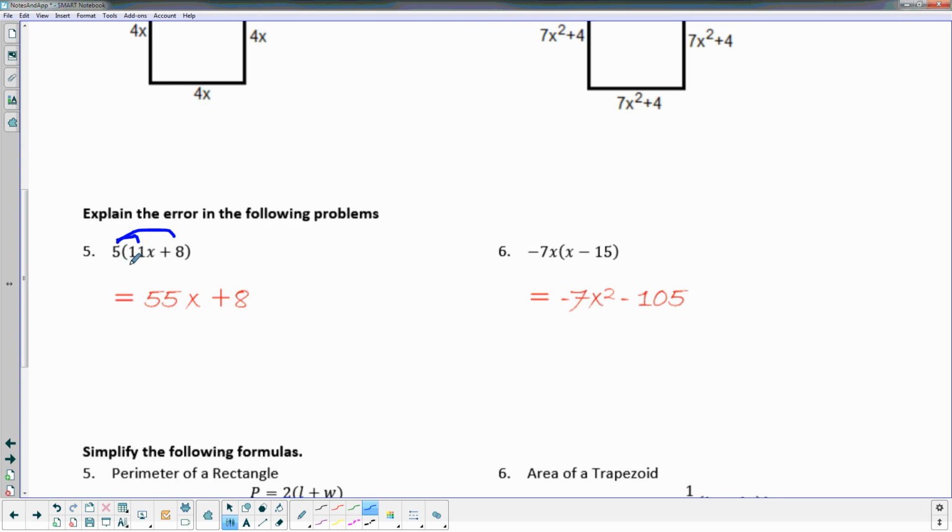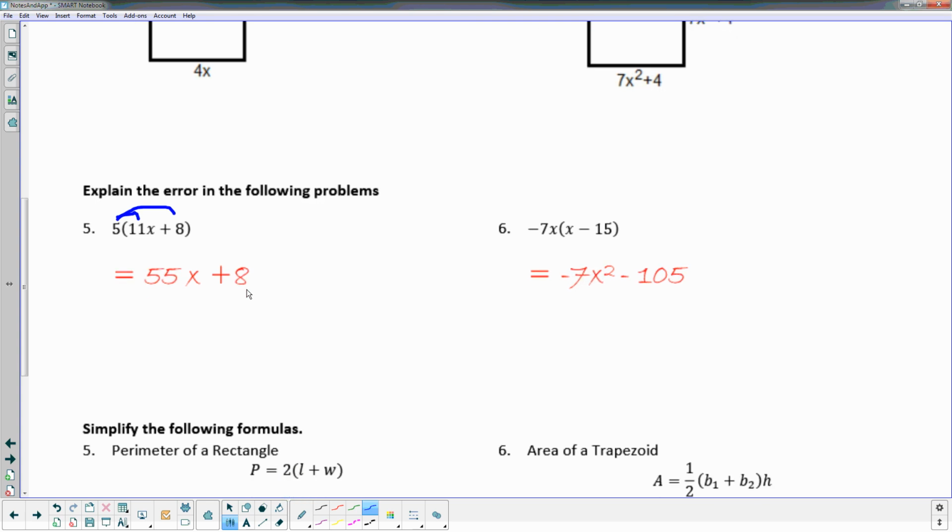A common method that I like to help people figure out how to explain the error is to try to do the problem correctly, see what you would get, and then look at the mistaken line of math and see what they did wrong. This is like a student response to how to do this. They did something incorrectly, so you tell me what it is.